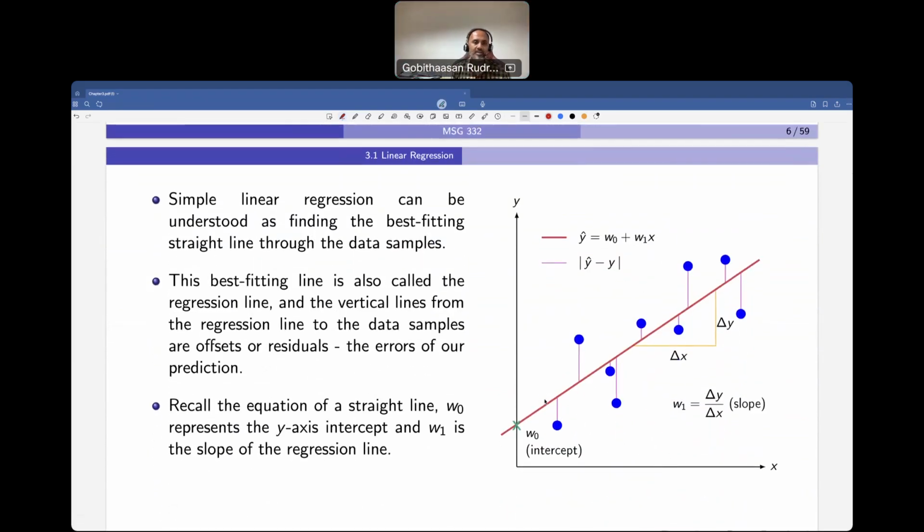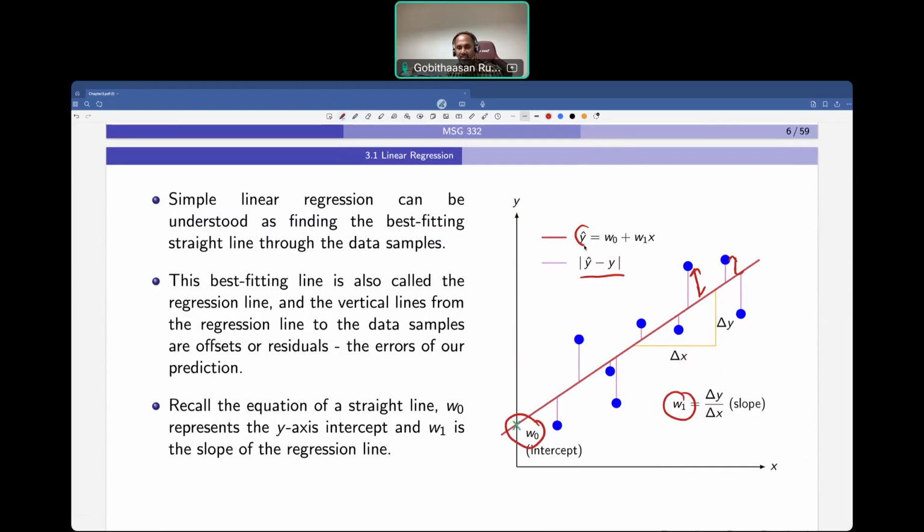Okay, so by looking at this picture, you can figure out the idea is to find the right W1 and W0 to fit with. We're searching for a suitable W0 and W1 so that we can reduce all these residuals. Right? The residual simply means the difference from y hat.